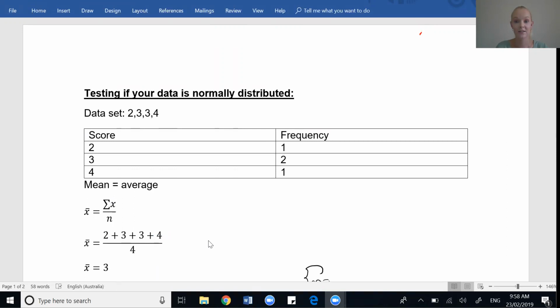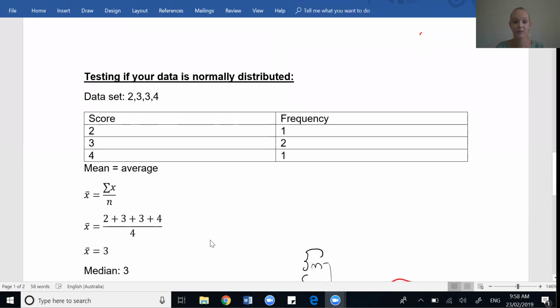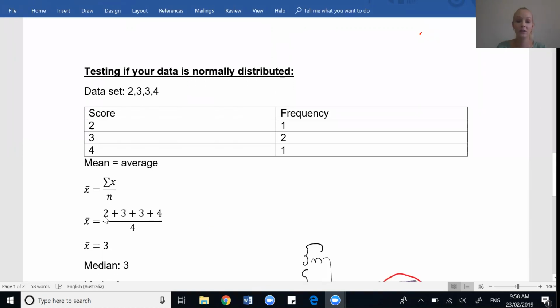For our data to be normally distributed, the median also needs to be the same as the mean. If we order our data set, we can find that the median of this data set, just by cancellation, is also equal to 3.